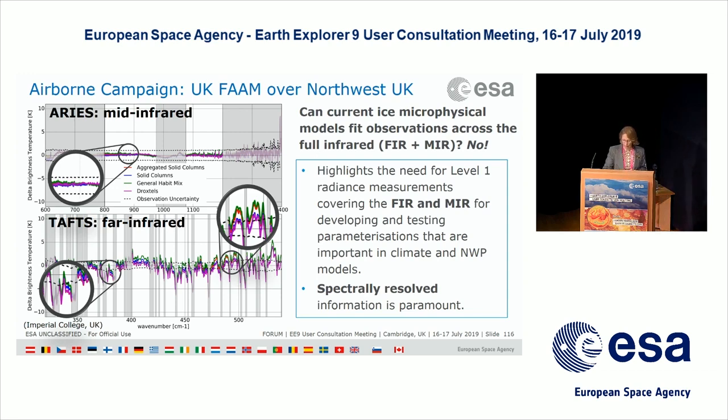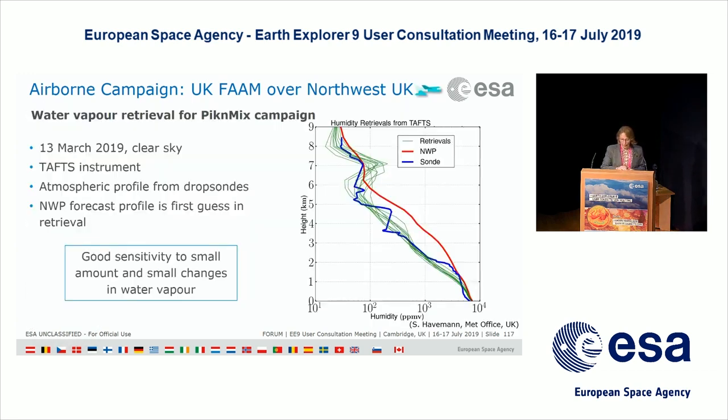During that campaign, there were only flights over clouds. So we flew again this spring, in clear sky. This is really new analysis. This is a retrieval of water vapor. The first guess of the retrieval is the red line. The green lines are the retrievals, and each line is like a scan of about 1 second.